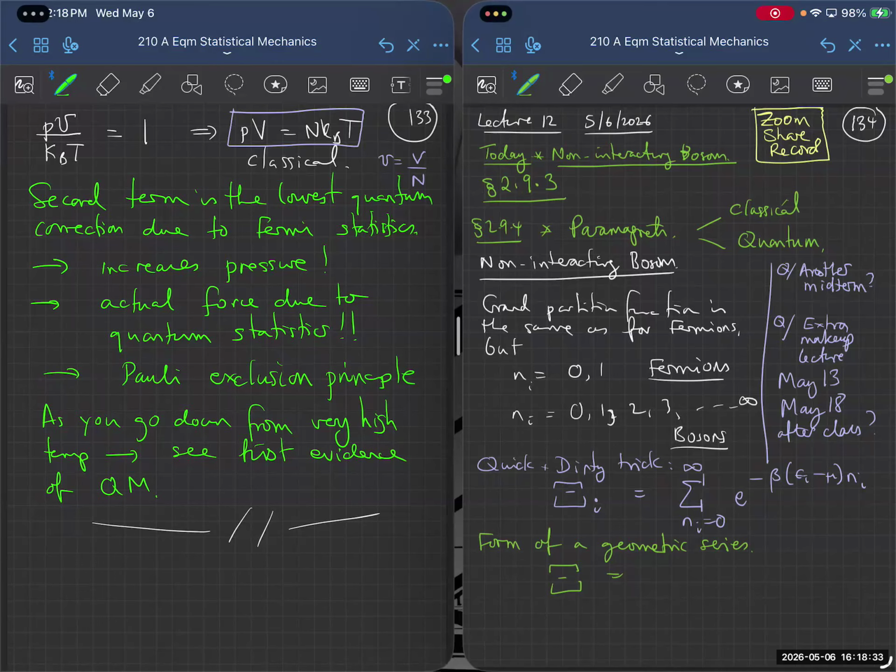And so therefore we can write down straight away that chi_i is 1 over 1 minus e to the minus beta (epsilon_i minus mu). So that's just summing the geometric series.